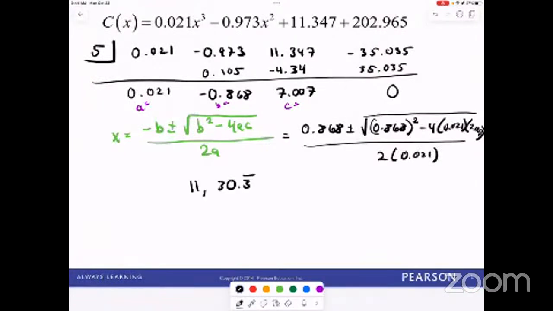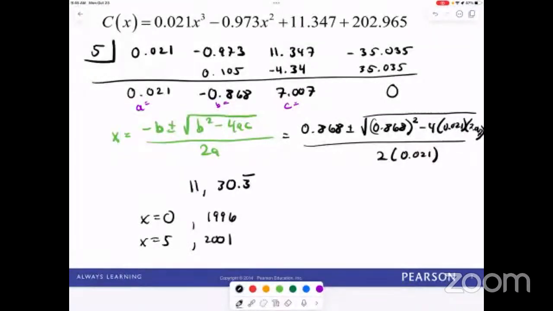If x equals 0 is the year 1996, x equals 5 years later was what? 2001. So then 11 years later, 2007, and 30 years later, 96, let me see, 06, 16, 26.